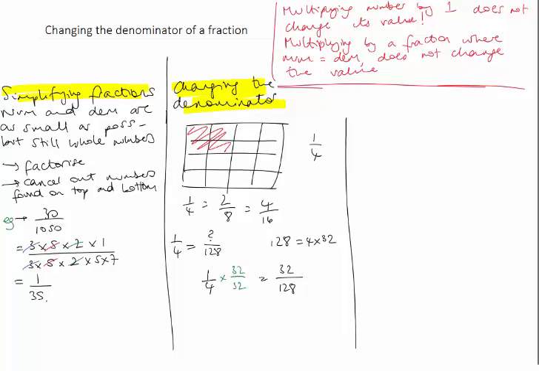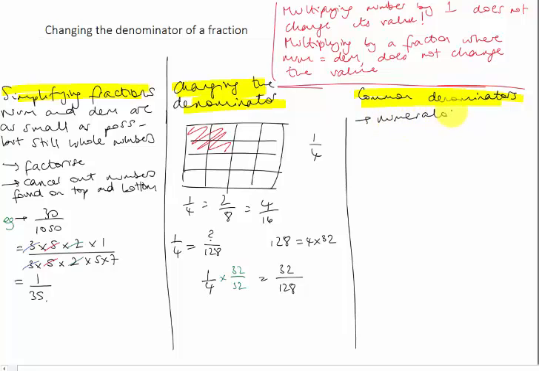Alright, the third thing I want to talk about is common denominators. The common denominator is for 2 or more fractions, and you can get them the same, but the numerator should still be a whole number.